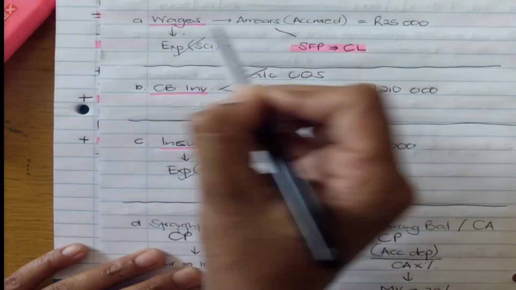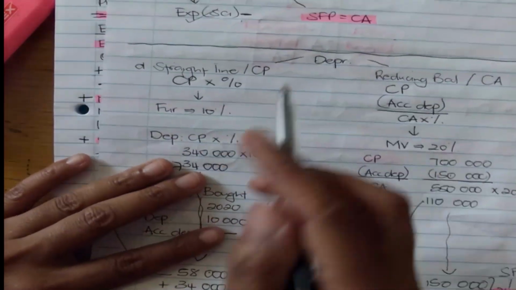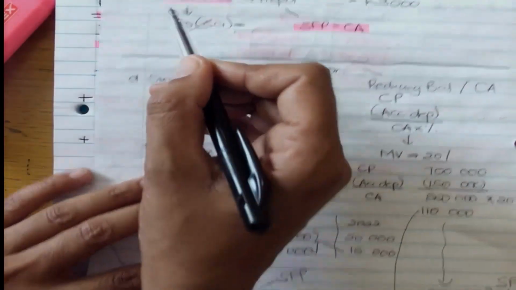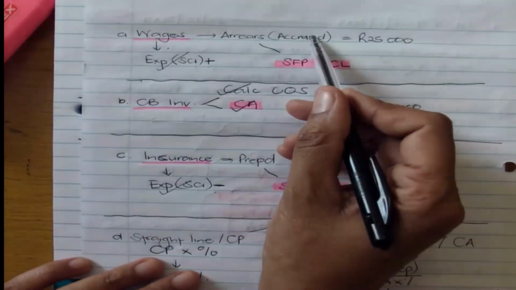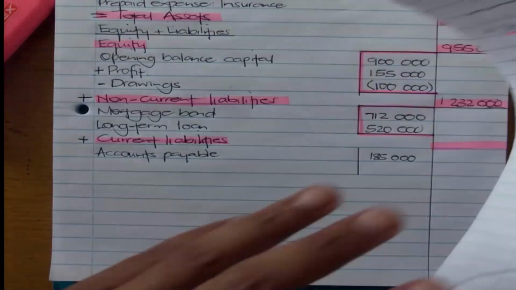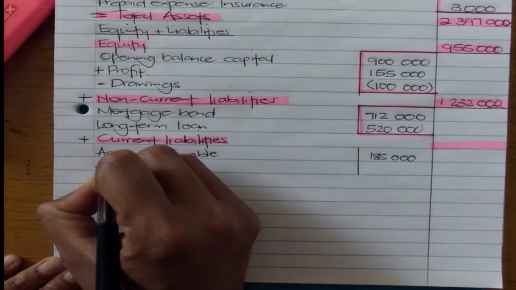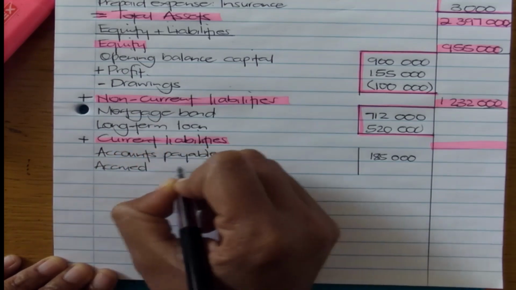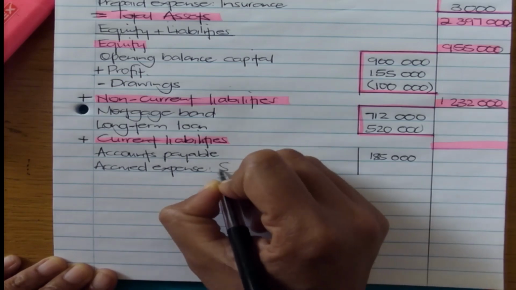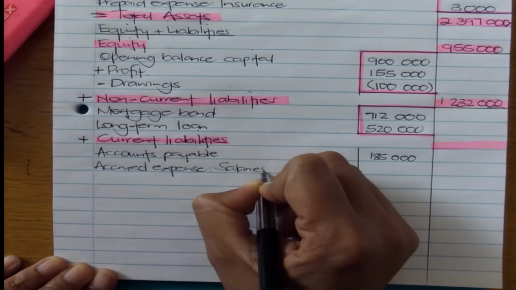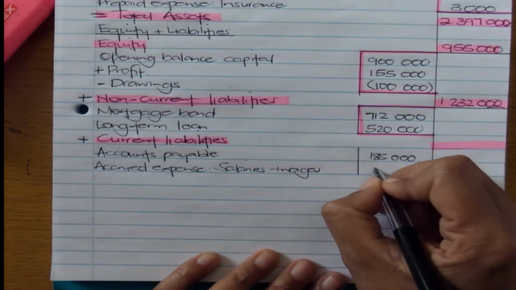An expense that is accrued. So it's accrued expense. Remember with insurance, we said it's a prepaid expense. Here we're going to say it's accrued expense, and then we just write the name of the expense, right? So it's accrued expense, salaries and wages. And what was the amount? 25,000.